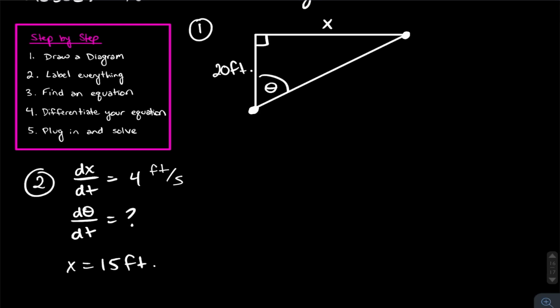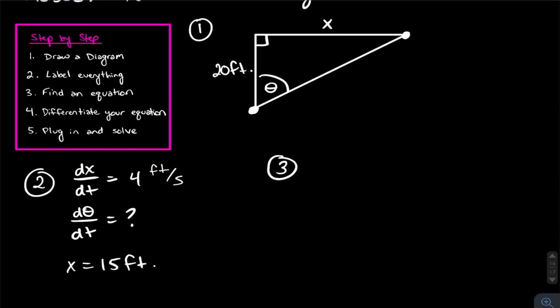So that's cool, but now the question is, how do we actually relate x and theta in an equation? We need to find an equation that relates x and theta. Our two rates need to be related. And so we can do that with trig. We know what our opposite side is, the side that's opposite of the angle. We know our adjacent side.